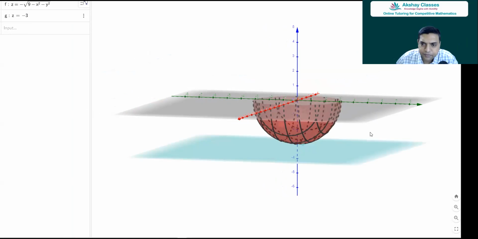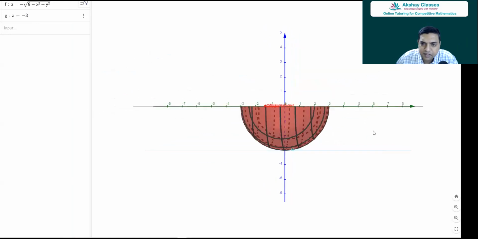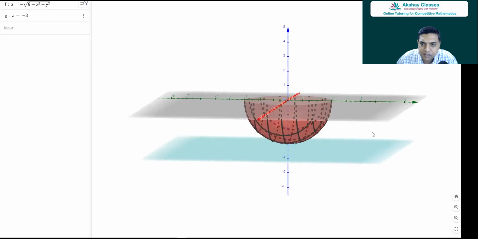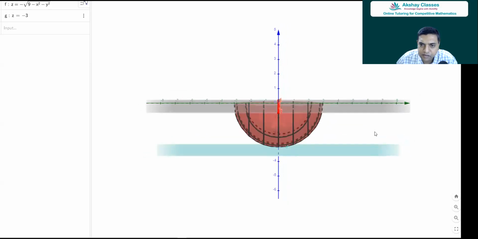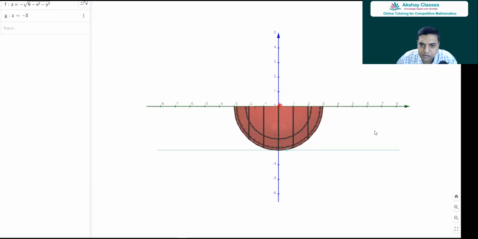So now this plane z equal to -3 touches this curve at x comma y equal to 0, 0.